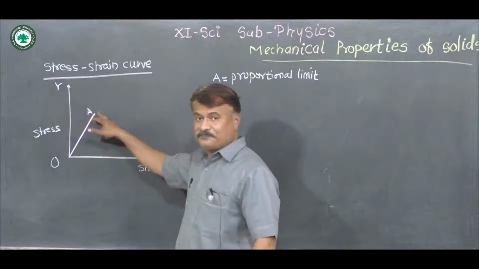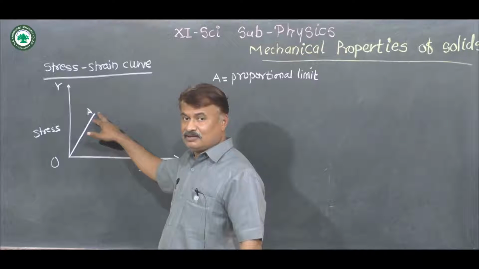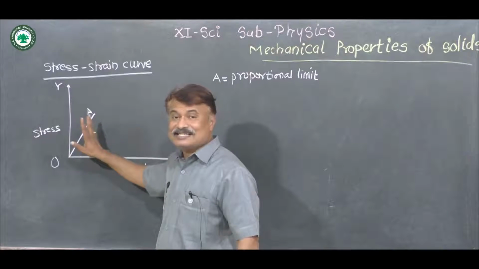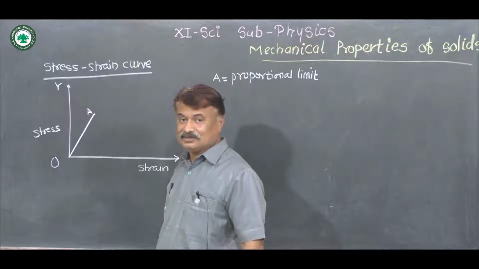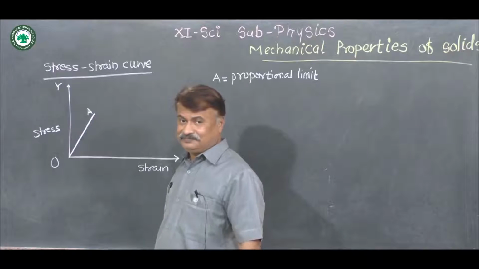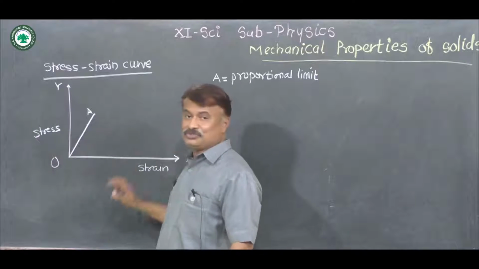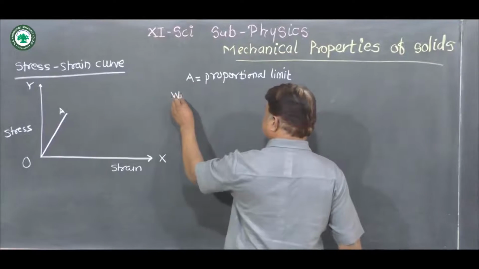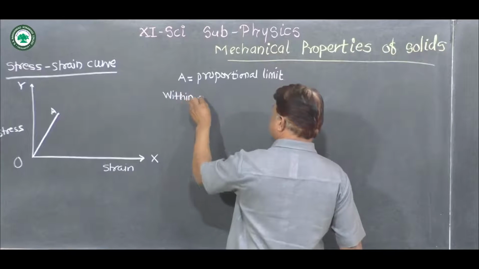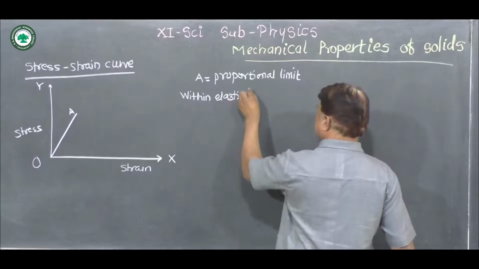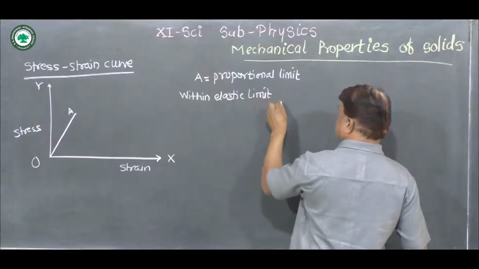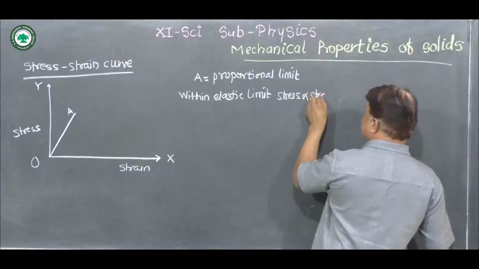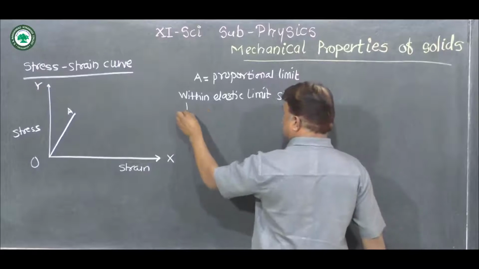Up to A, wire has elastic behavior, or this region is called as elastic region. So in this region, stress is directly proportional to strain, and therefore we can say that within elastic limit, stress is directly proportional to strain and Hooke's law is obeyed.